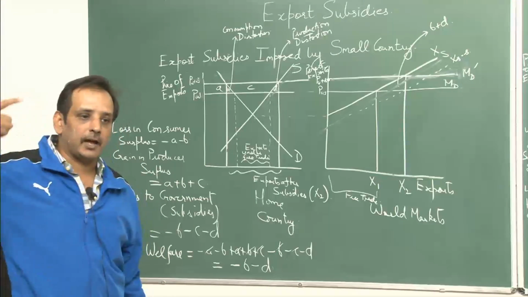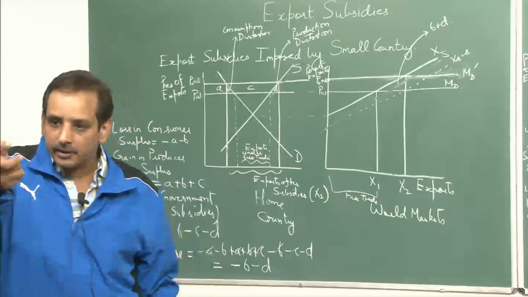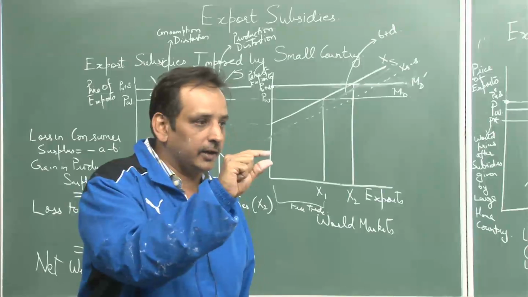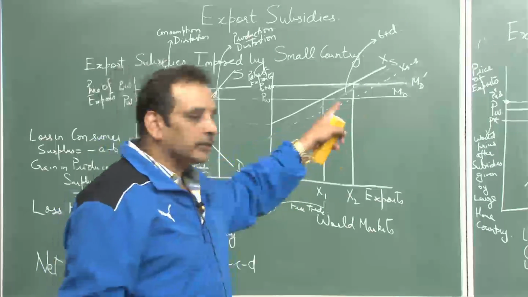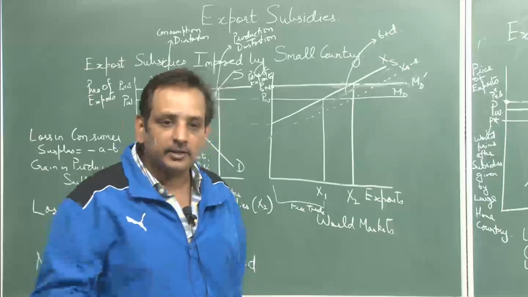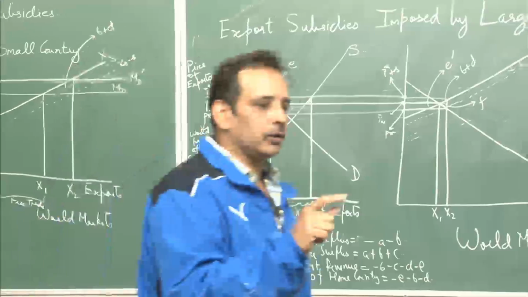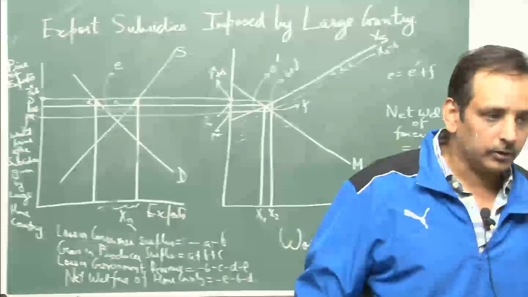Now you can visualize what happens if there is a large country. There will be a depression in prices, but it will be lower than what happens when export subsidies are given. That is the reason in the WTO they are relatively silent on domestic farm support.